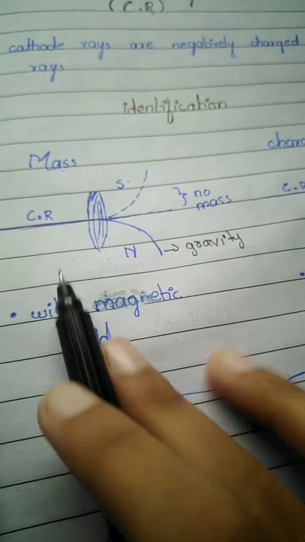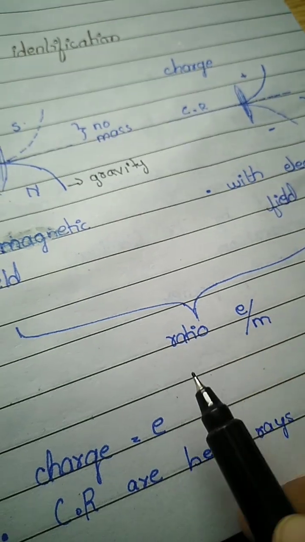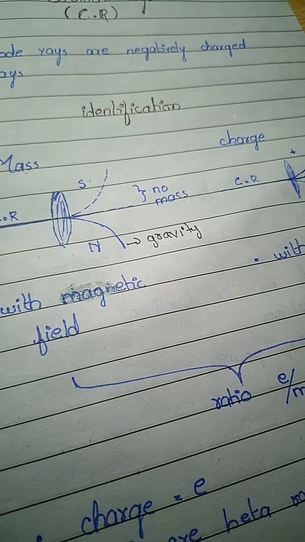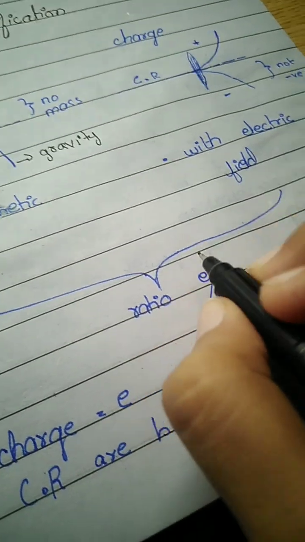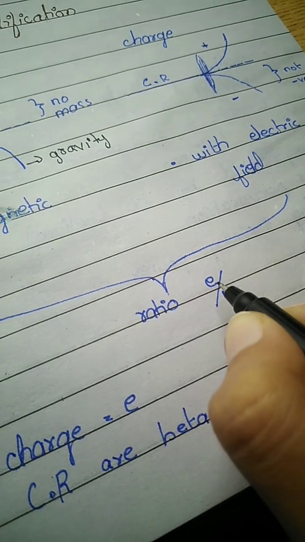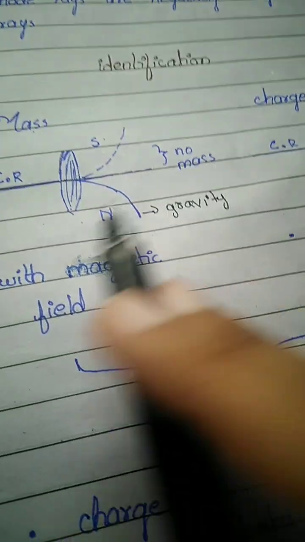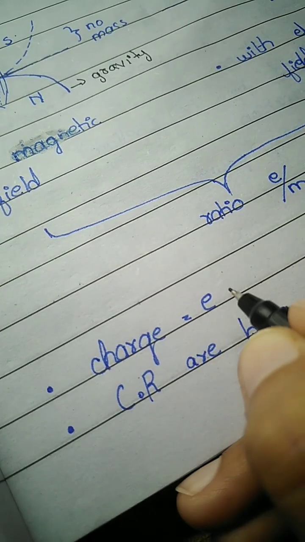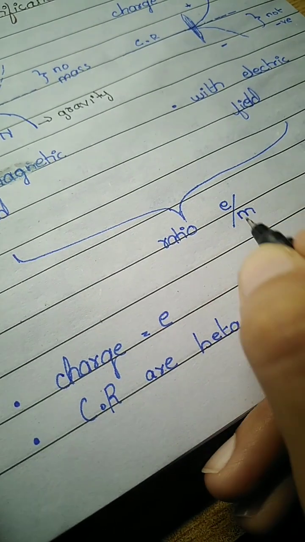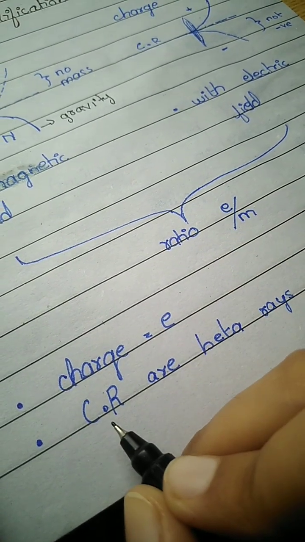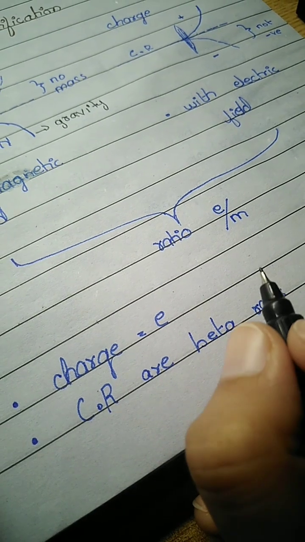Now the ratio of the mass and the charge is basically the CR, cathode rays. So we're going to write it in this form, e/m, which shows the ratio of the charge to mass. In chemistry, charge is written as e and m for the mass. So we can say that CR are beta rays.